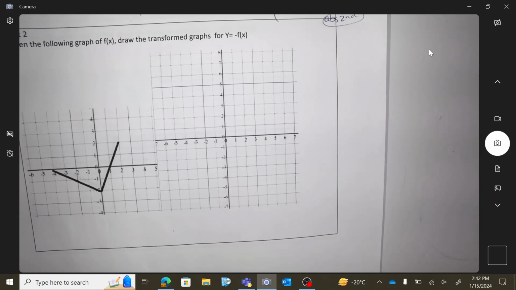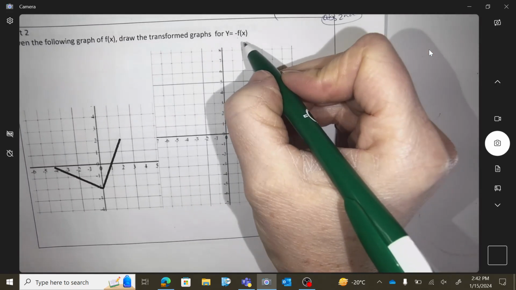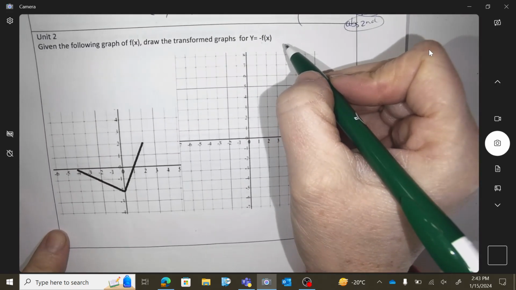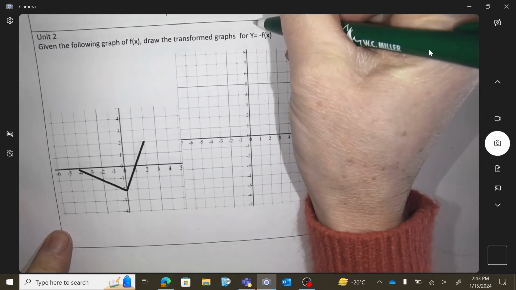Okay, so this one says graph negative f of x. So this is a reflection.